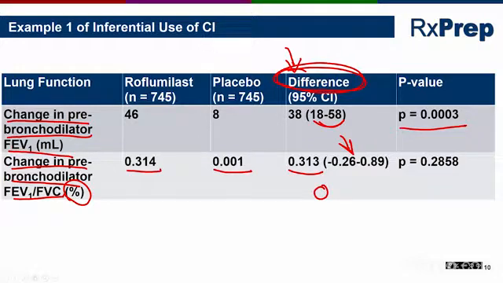Is 0 in this interval? We go from negative to positive. So yes, 0 is in that interval. Therefore, we are not significant, and we have a p-value there that'll tell you that. So just make sure on the exam you know to determine statistical significance based off of the confidence interval.